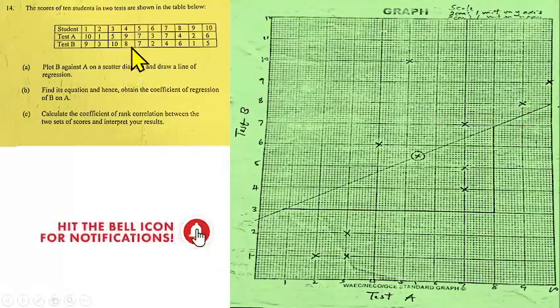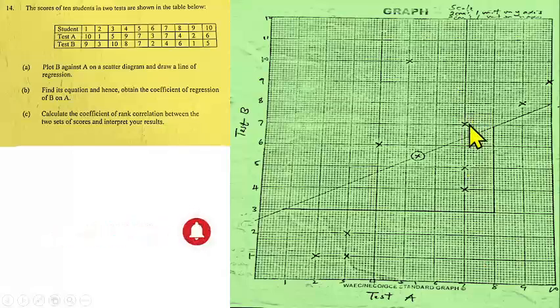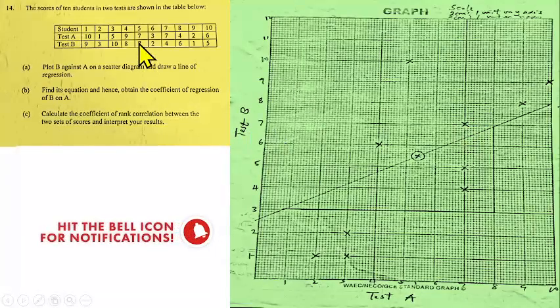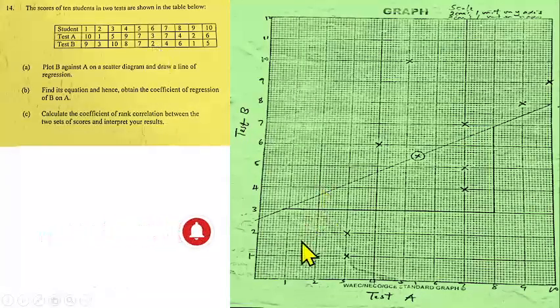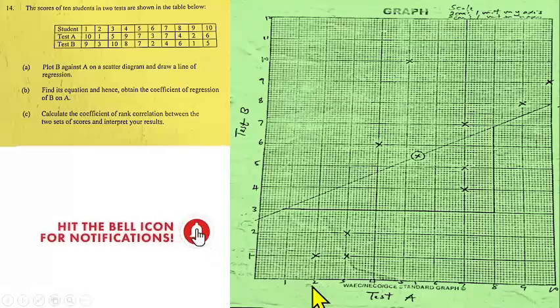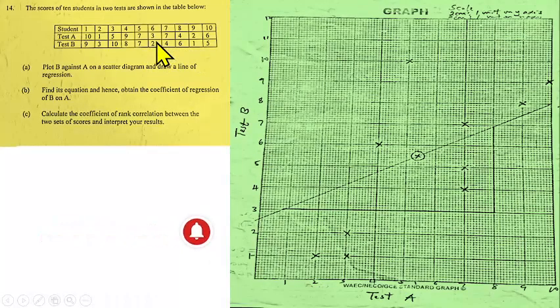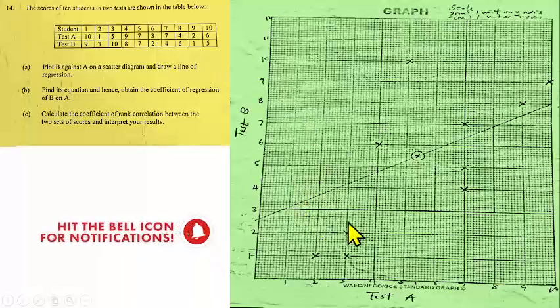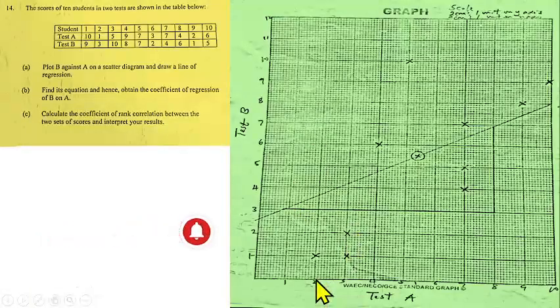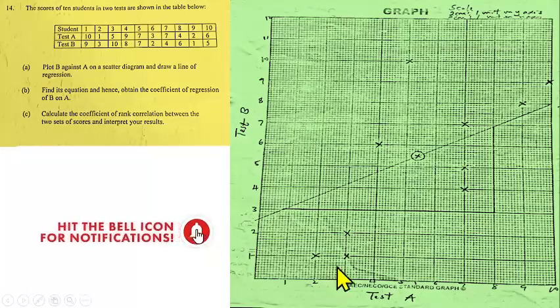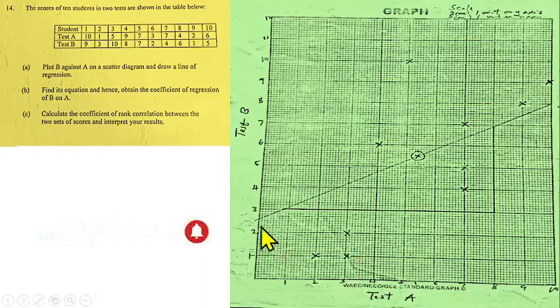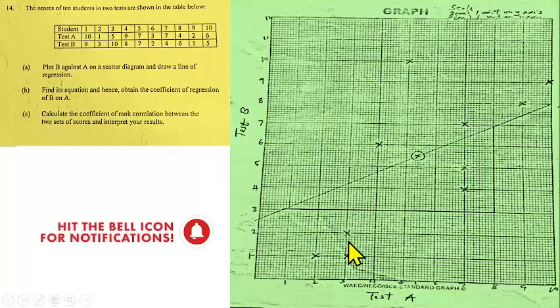Then 7 and 7, so a point is here. Also, B is 2, A is 3. B is 2 here, A is 3 here, so you have a point here.